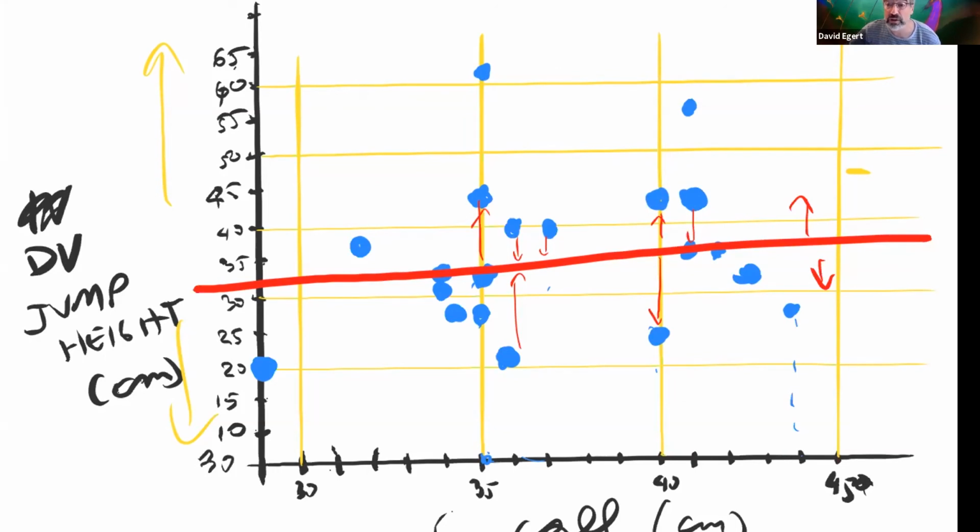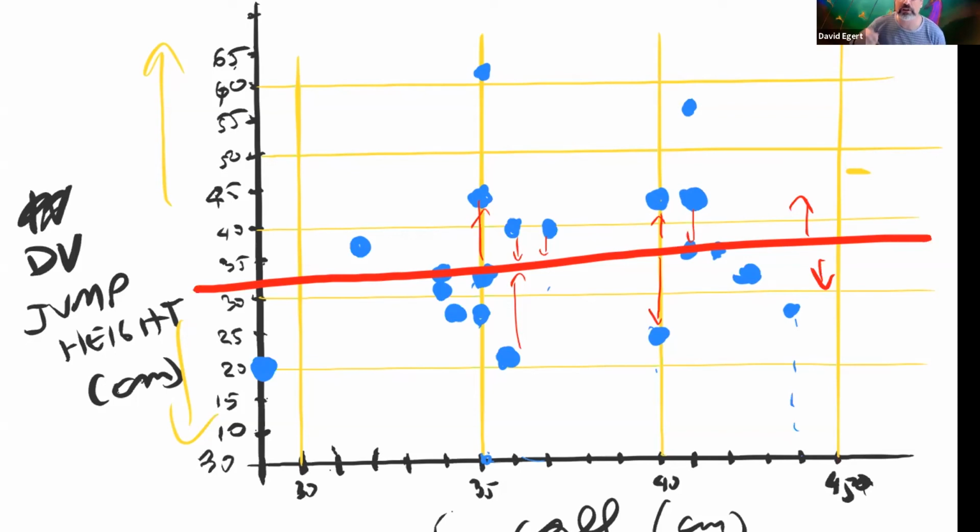So for Tuesday, all I want you to do is some initial analysis. I want you to have a graph. I want you to have an initial conclusion, like does this first small data set seem to support your hypothesis? We are going to do much more detailed analysis on Tuesday, but don't worry about that yet.